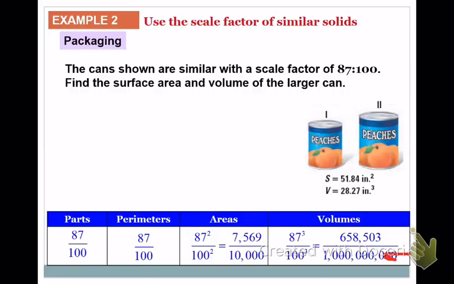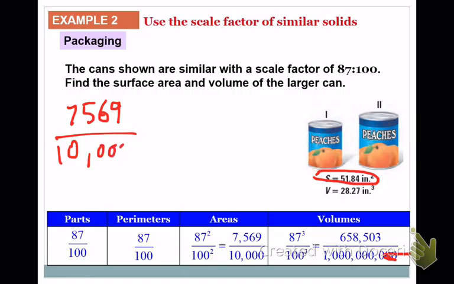All right, now, here's why we're doing this, showing the ratios of the different measurements. Because what I can do is, so I have this surface area. We have 7,569 over 10,000. That's the ratio of the areas.